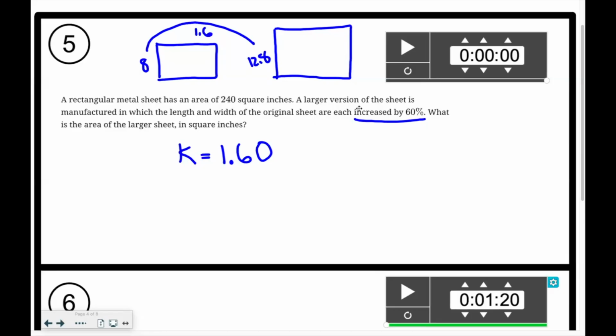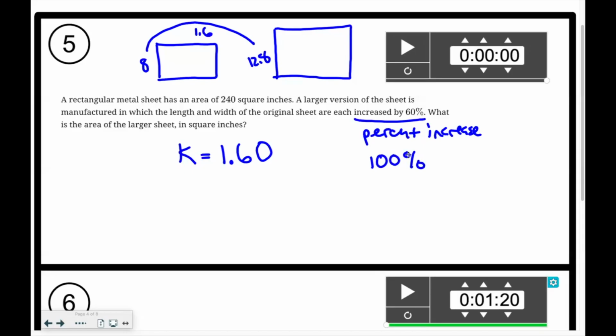We haven't gotten to the area part yet, but does that make sense? That if you just wanted to increase something by 60%, do you understand why we would multiply by 1.6? I don't get how you got from the 60% to the 1.6. Okay. So this is a separate thing. When we talk about percent increase, if we do nothing, then we keep 100% of whatever we're talking about.